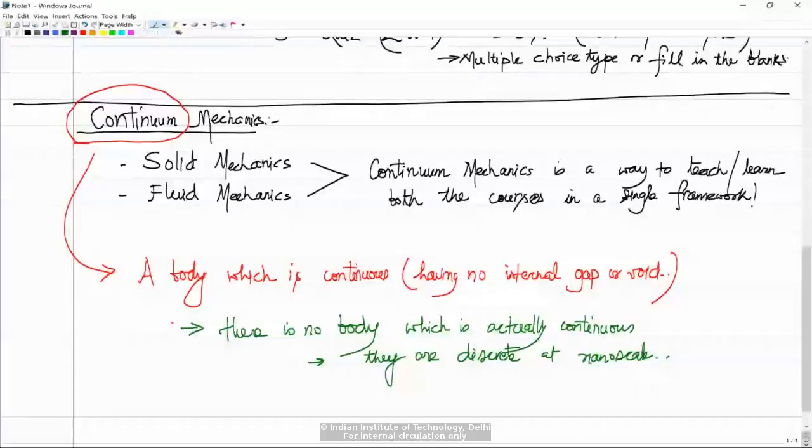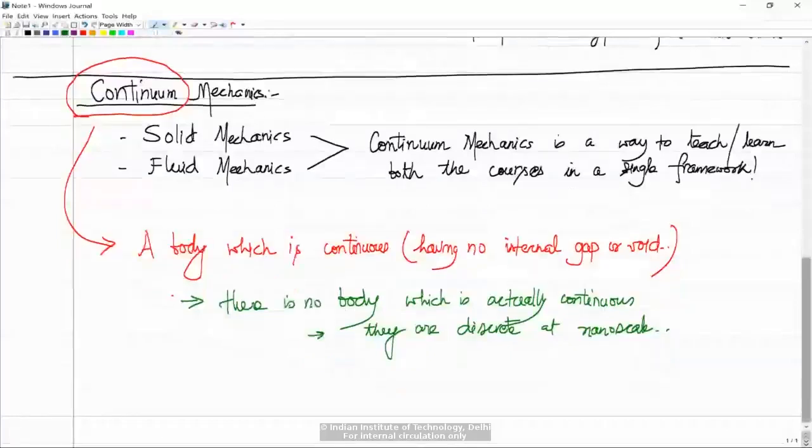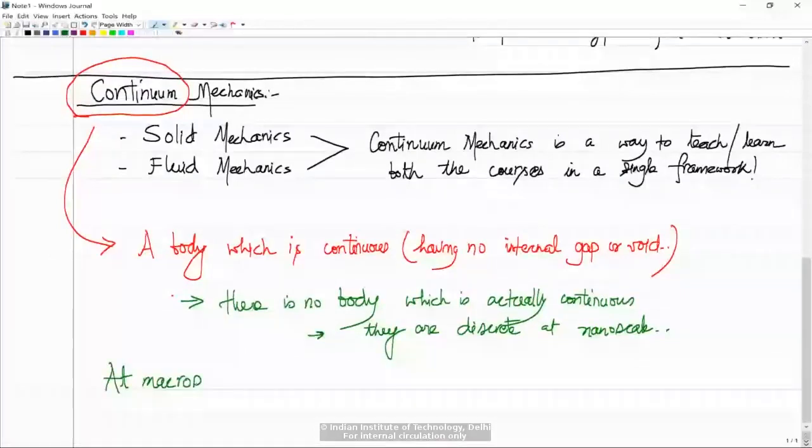The discreteness also, we don't see it, right? So that's where we can treat materials as continuum. So at macro scale, materials can be treated as continuum.